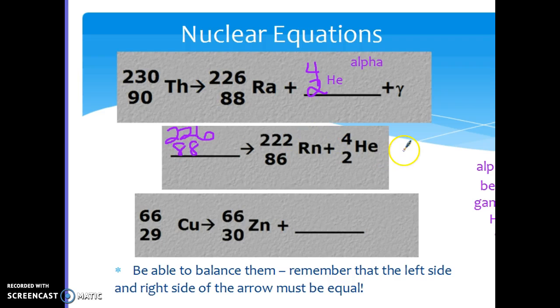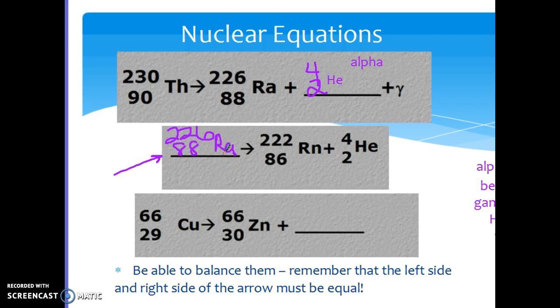Right now there's one thing missing. We do know this is alpha decay, but we don't know what our original element is. But actually you do. All you have to do is look up what element has the atomic number of 88. So if you would look at your periodic table, atomic number 88 is actually radium. Of course, you could have taken a shortcut and looked right here, but we didn't need to. We used our periodic table for that.